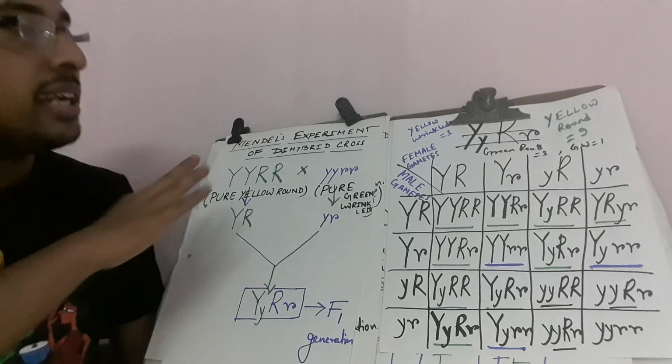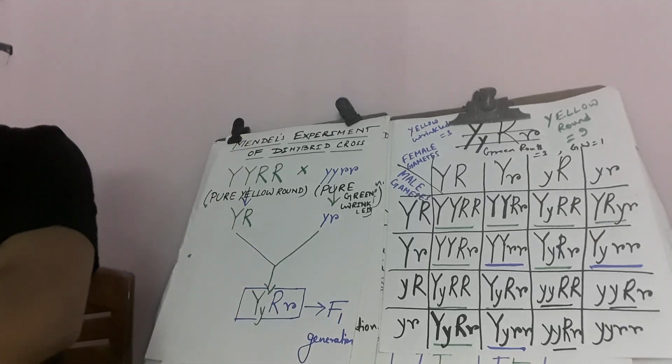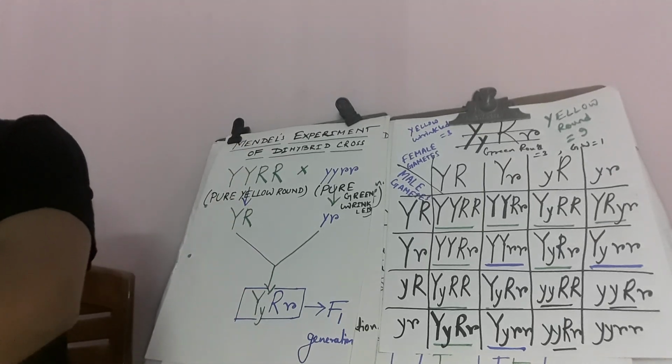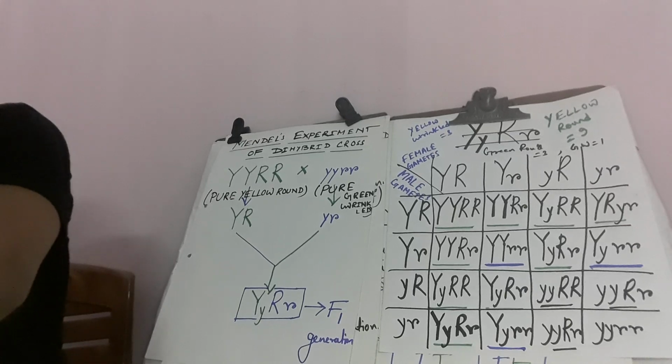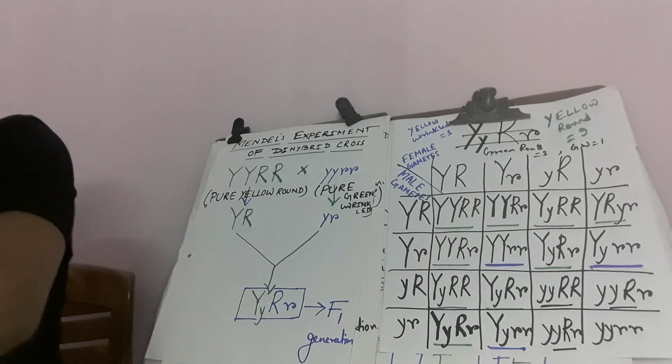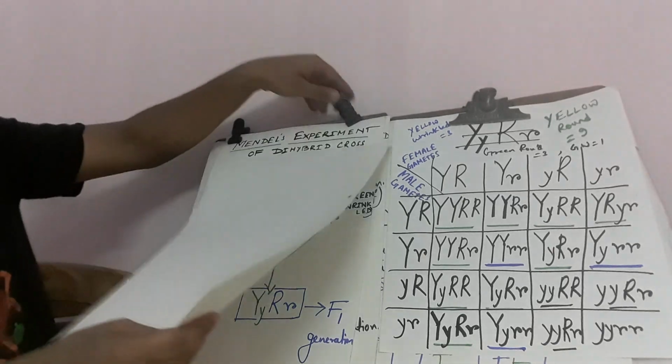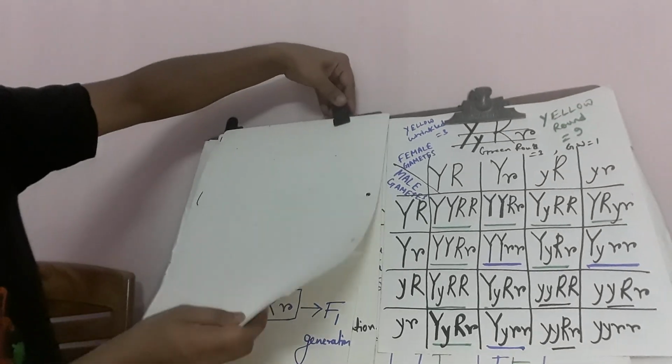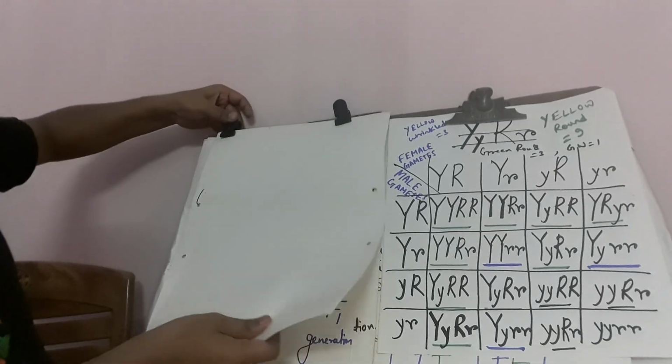Now these are Mendelian experiments. Students, I will show you the opposite, incomplete codominance. Incomplete codominance means something which is not maintaining the characteristic features of the Mendelian experiment.